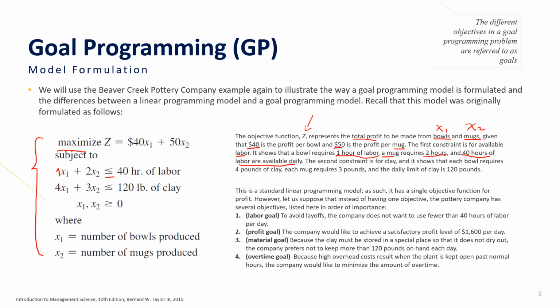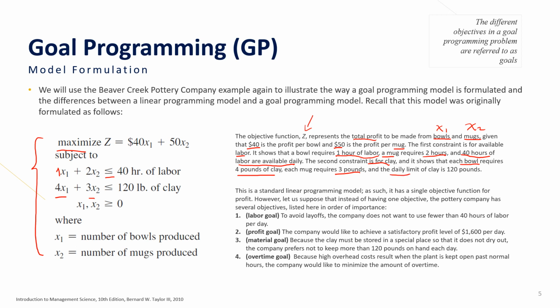The second constraint is related to the material used to produce these products, which is the amount of clay being used. Each bowl requires 4 pounds of clay, and it requires 3 pounds of clay to produce a mug.